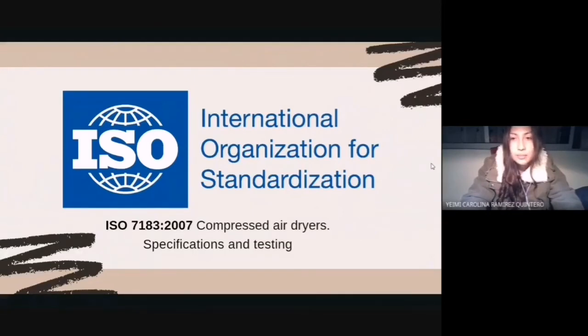It is applicable to compressed air dryers working with an effective pressure of more than 50 kilopascals, but less than or equal to 1,600 kilopascals, and includes the following: absorption dryers, membrane dryers, refrigeration dryers, including shell drying, or a combination of these. A description of the operating principle of dryers within the scope of the standard is provided. Next, please.